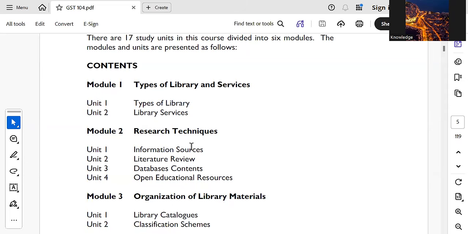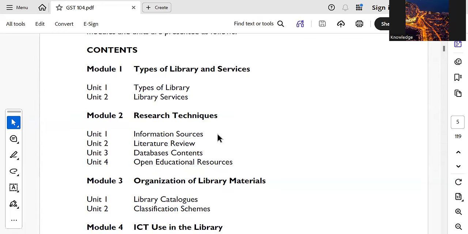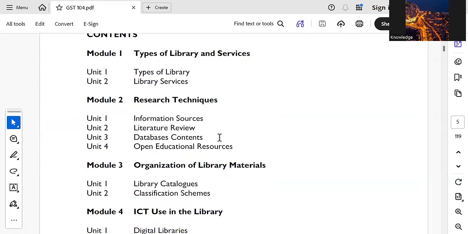Some of you don't even know some of those sites exist. The only thing you know how to use is your ChatGPT, your Google. You don't know that there are quite a lot of places you can go where resources are available for academic purposes. Then we'll talk about the databases content and open educational resources that we have, which we usually call OER, Open Educational Resources.